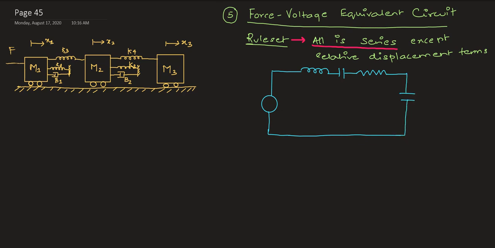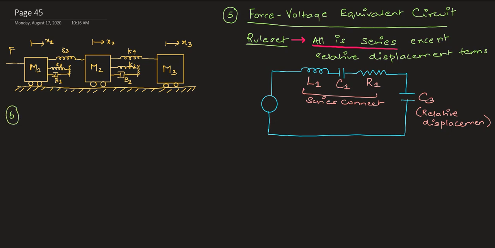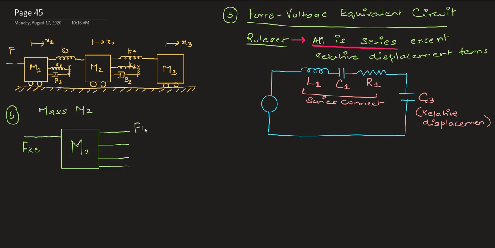In our case, for M1 only K3 is the spring which has a relative displacement, and that is the only component which in my voltage circuit diagram will appear in parallel. The rest, K2, B1, K1 and M1, which translate to L1, R1 and C1, come in series. So C3 is in parallel here because it has a relative displacement component. That is the rule set you need to remember when you draw the force voltage equivalent circuit.